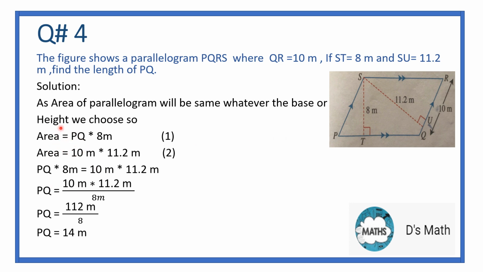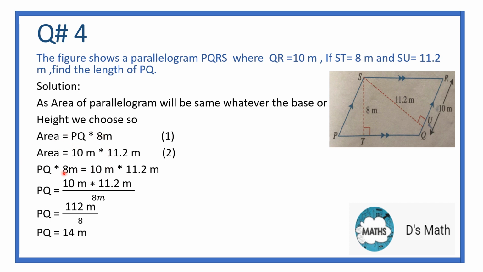If the value of area is the same, that means the left hand sides of the equations will be equal, so the right hand sides of the equations will also be the same. So I have put both the right hand sides of the equations equal with an equal sign. Why? Because we know that both are giving the same answers.